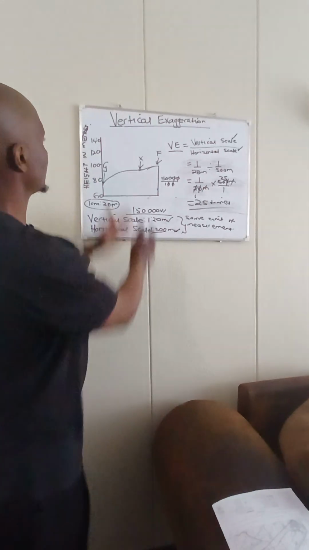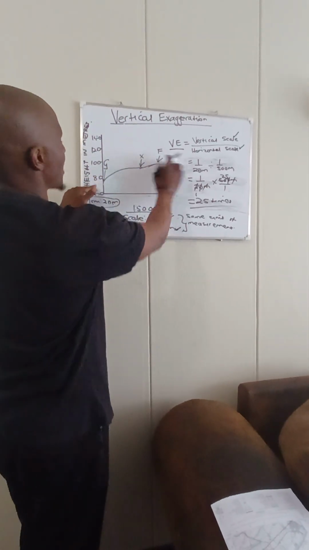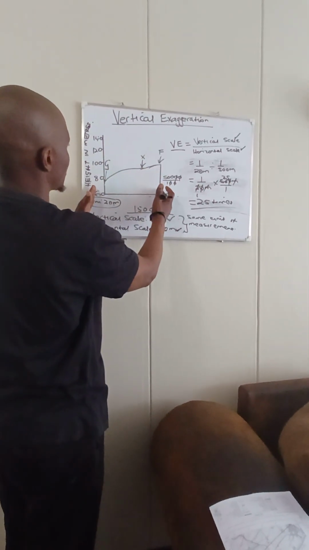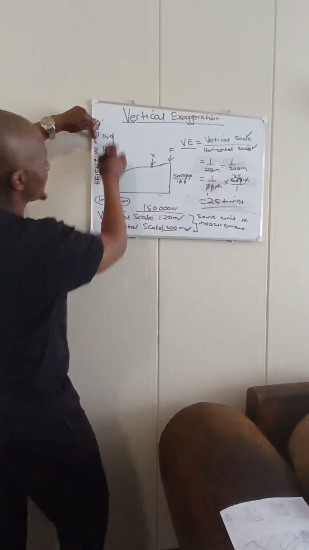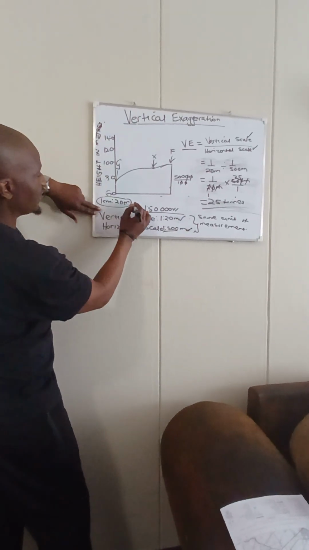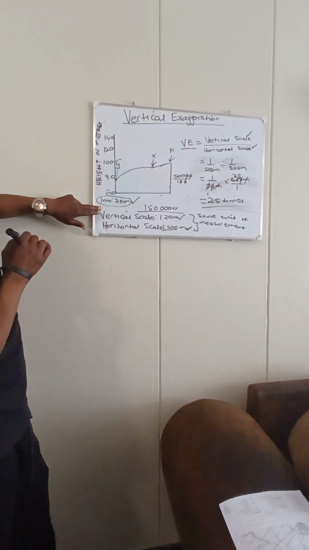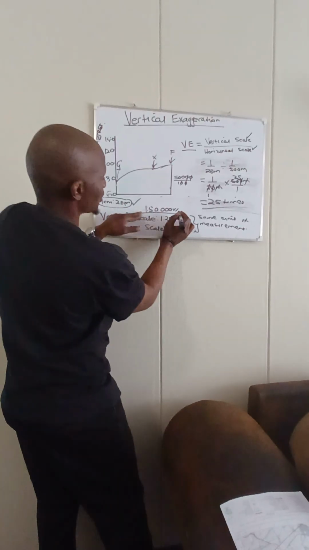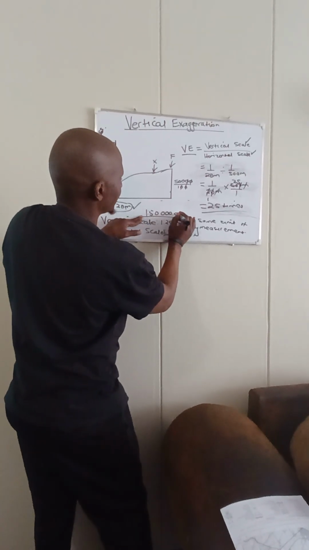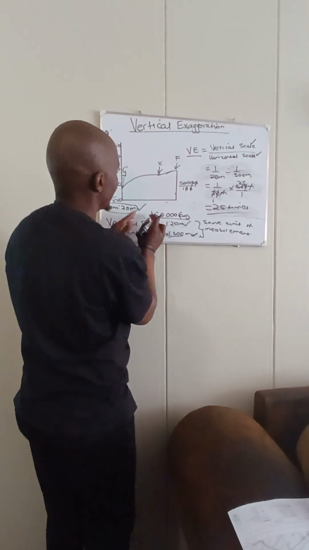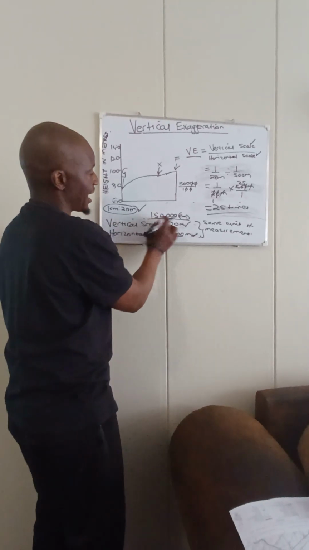Just to sum it up, in the cross section you can see these are the features that you find within it. This is your vertical scale, which has been given as 1 centimeter to 20 meters. This is your horizontal scale. Remember, this one is in centimeters: 1 centimeter on the map is this on the actual ground.